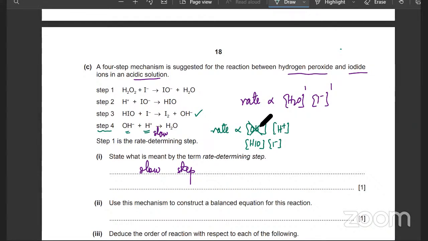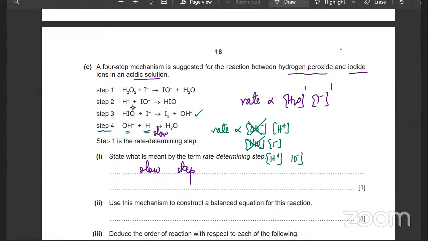But HIO itself is an intermediate that depends on H+1 and IO-1. So I'm going to cut out HIO and replace it with H+1 and IO-1.